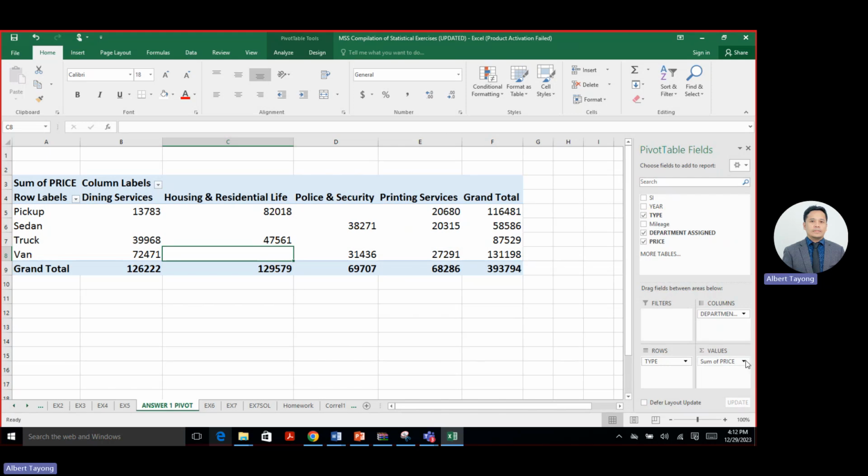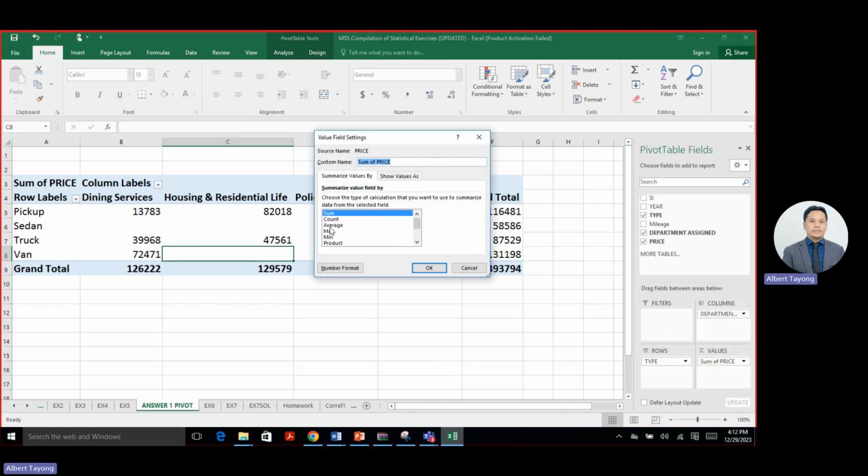That is why by default the price is placed here, because Excel can detect that type is a category, it is qualitative, department is qualitative, and price is quantitative. So quantitative data will be placed under this section by default. You can open this drop down arrow and click value field settings, and change to average.